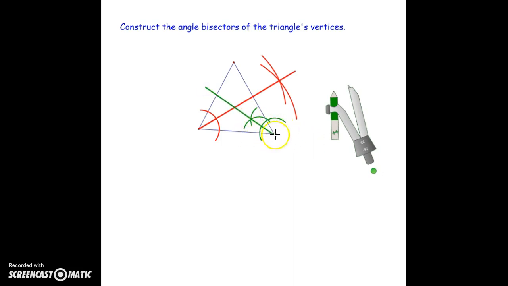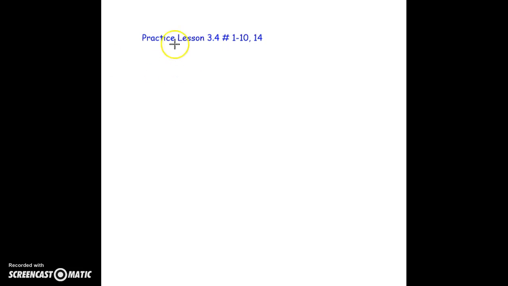And then that would be an angle bisector as well for that corner. You could also do this third corner here. And this is the questions that will be practiced for this lesson.